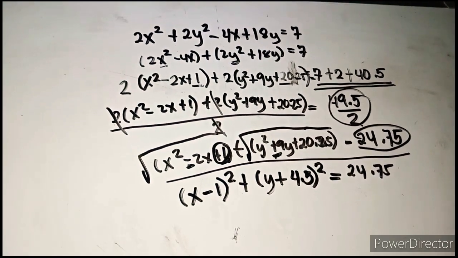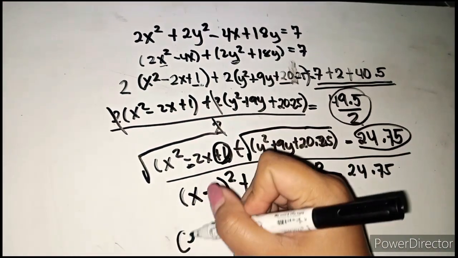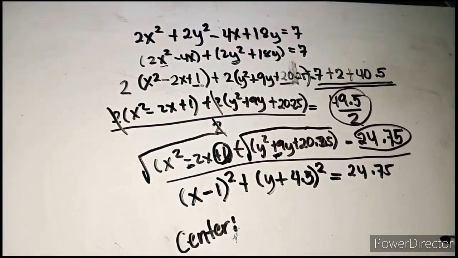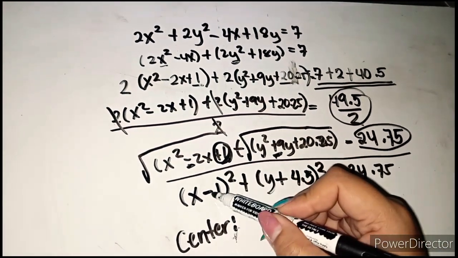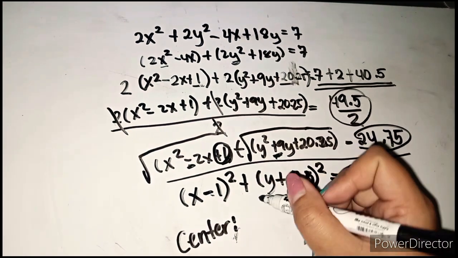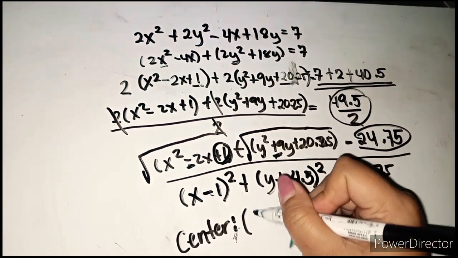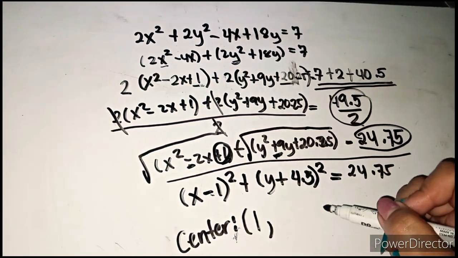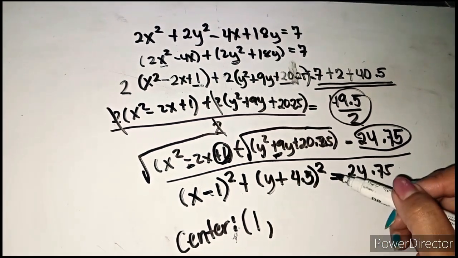Okay? So, for this one, kung mapapansin nyo, pwede na natin makuha yung value ng center at ng radius natin. So, let's say we have the center. Again, ang laging kasama ni h ay si x. So, for this one, from negative 1, pag nilabas mo, magiging positive 1. Dito naman, yung k naman natin, laging kasama ni y.